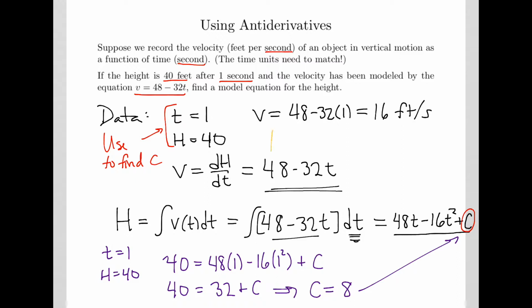My height is 48 times t minus 16t squared plus our constant 8. So our initial value, our data, allowed us to determine the constant, and that gives me now my height as a function of time. We now have a formula, and we could calculate the height at any time.